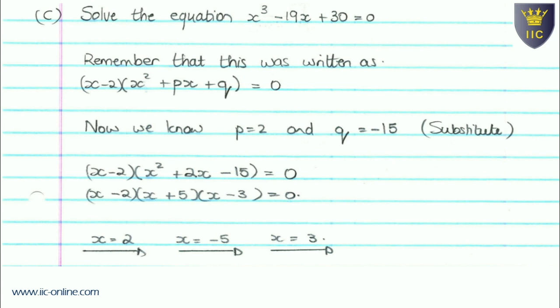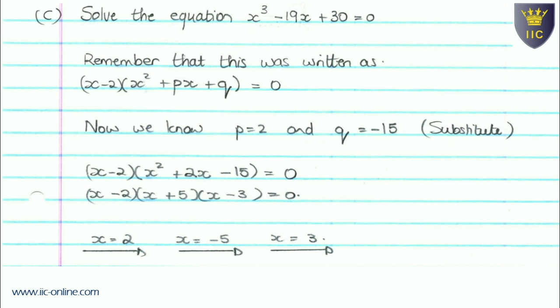The third part of the problem asks us to solve this entire equation when the equation is equal to 0. The way that we do that is we use what we know. Now remember that this equation in part B was written as x minus 2 into x squared plus px plus q is equal to 0.